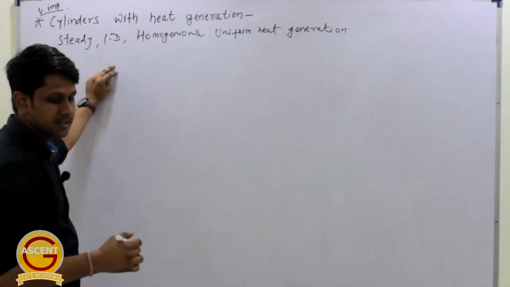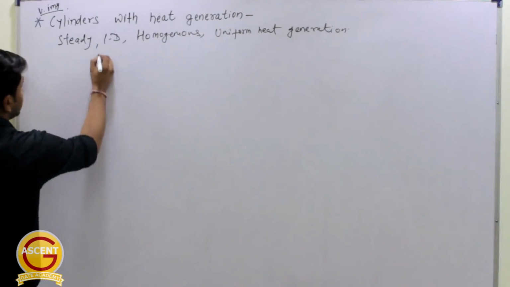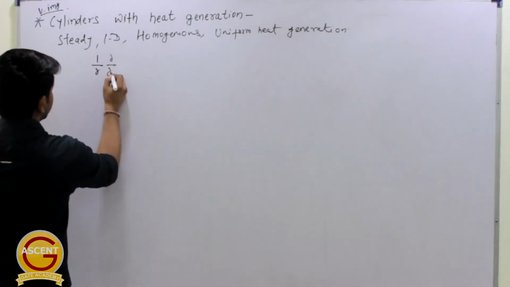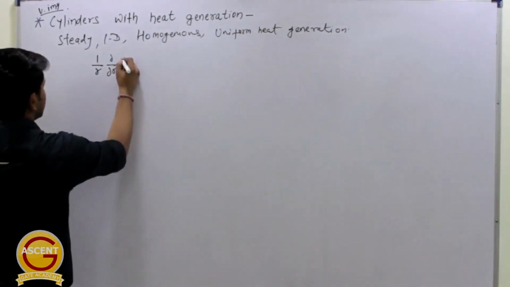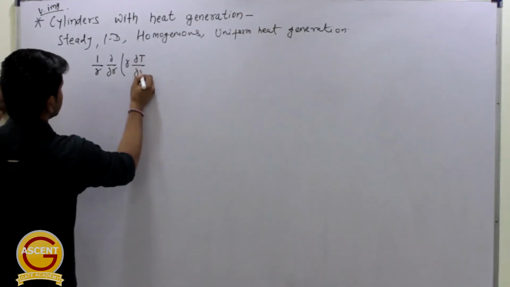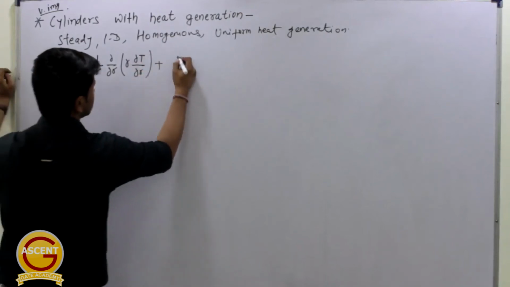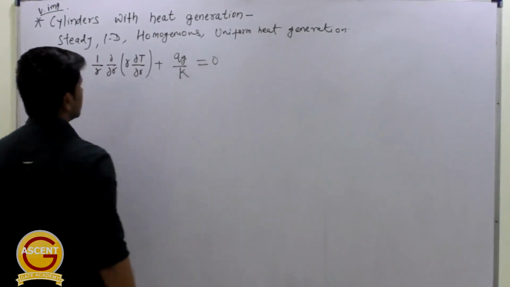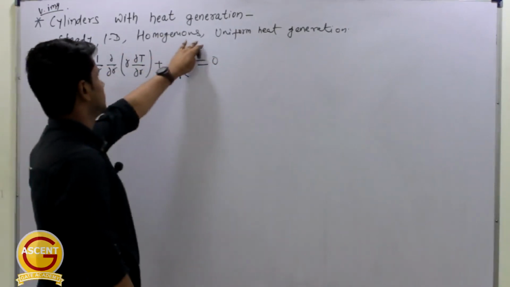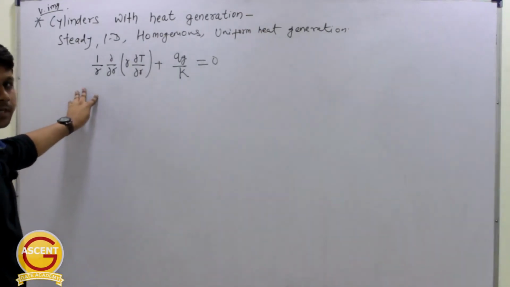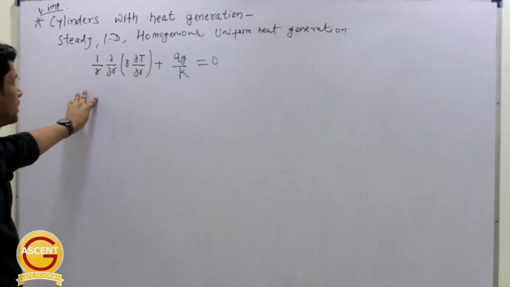So what is that generalized formula? It is 1 by r into d by dr in bracket r dT by dr, plus qg by k equal to 0, right. So based on these assumptions, this is the generalized equation for heat conduction through cylinders.